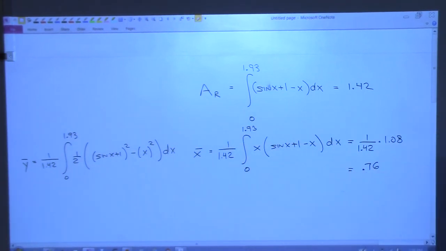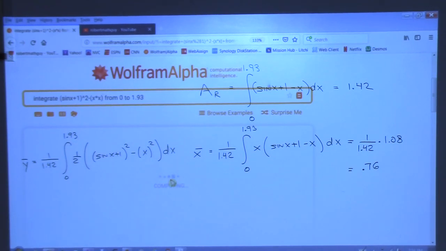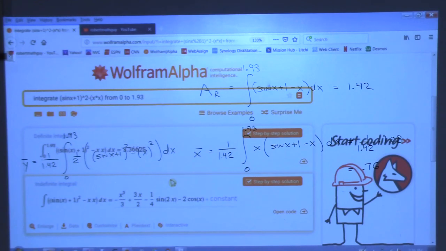So I'm going to have the computer do that for me. So I'm integrating now. 3.37, let's say. But then we still have to divide that.